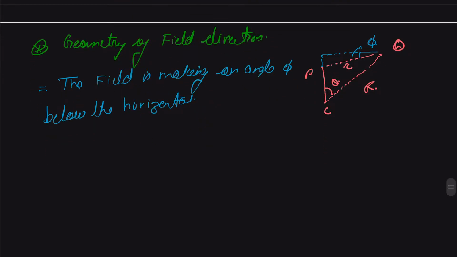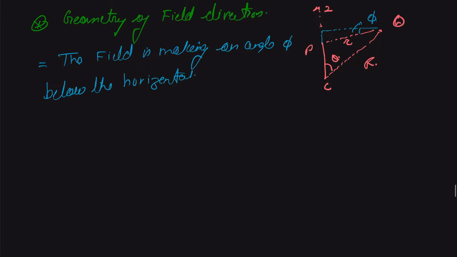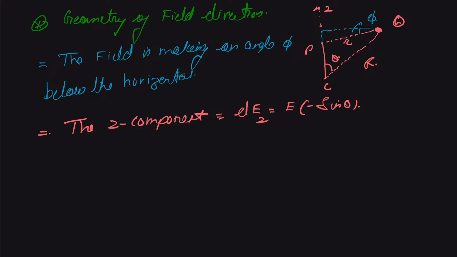Because the direction is nothing but our z direction, we are going to call this a z component. Therefore, the z component, because we have taken this small element at Q, will be Ez equal to E times minus sine of theta.